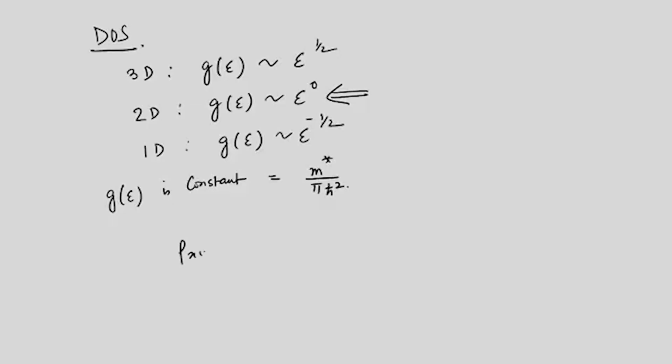The plateau freezes at some h over e squared with an integer in the denominator. So the ρxy goes like h/(ne²), where we have earlier called n as ν, when ν equals 1, 2, 3, etc.